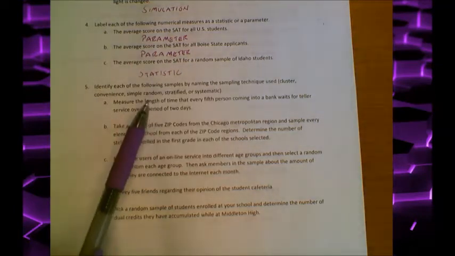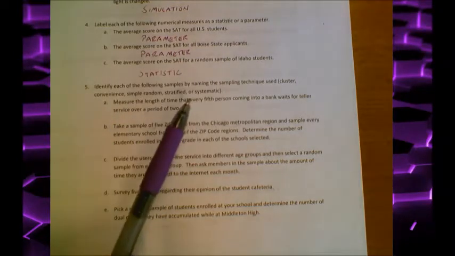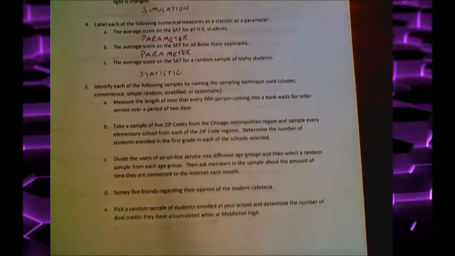Simple random: take your population, find some way of randomly choosing those in that group, and then take your data from those you randomly chose. Stratified is when you're going to be breaking things up into different groups, and then picking a sample from those groups.